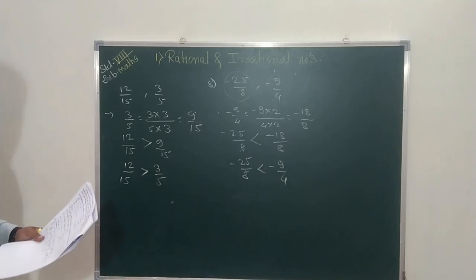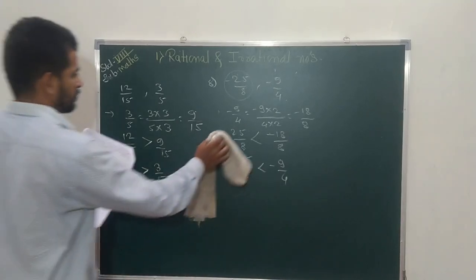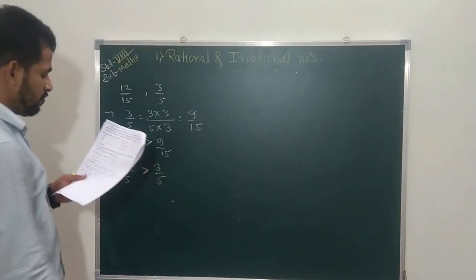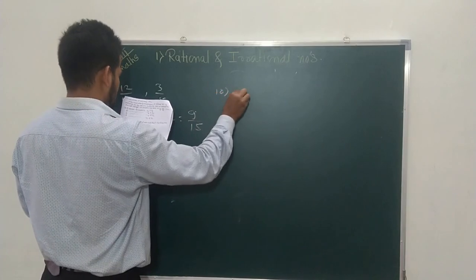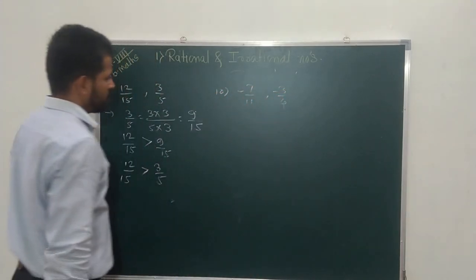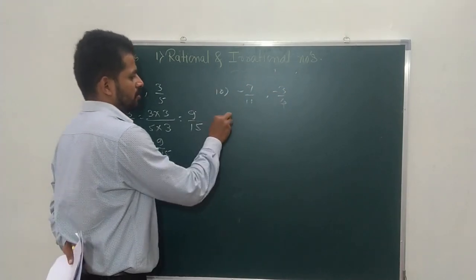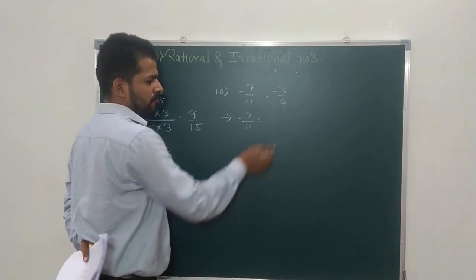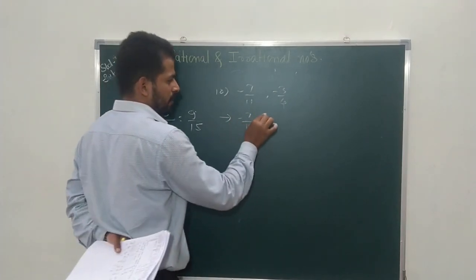Take the last example, example number 10. Minus 7 upon 11 and minus 3 upon 4. Now we see the same here. Now 11 and 4 are small numbers, that's why we multiply here.